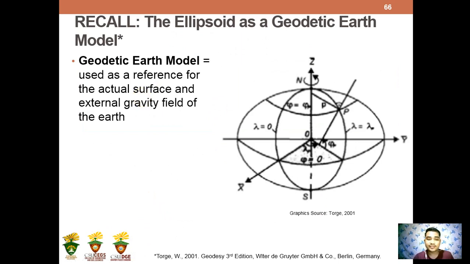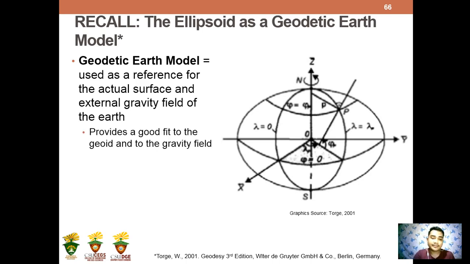So let us recall first the ellipsoid as a geodetic earth model. When we say geodetic earth model, mao ni siya ang gigamit no as reference for the actual surface of the external gravity field of the earth, and it provides a good fit to the geoid and the gravity field. So diba sa atong mga previous topics no, out from the terrain or surface of the earth, so approximate siya sa geoid using sa katong high dense or low dense nga mga areas, but irregularly shaped pa siya.